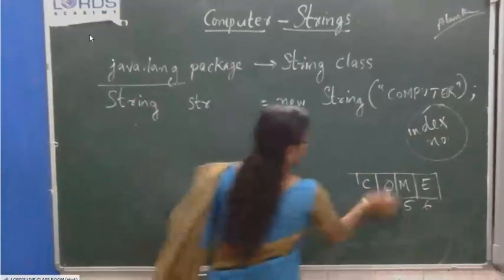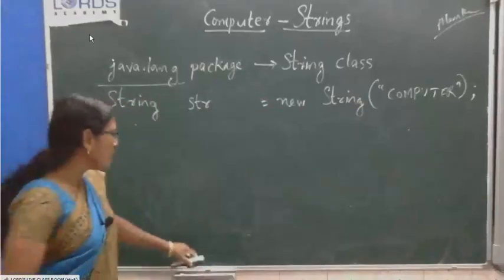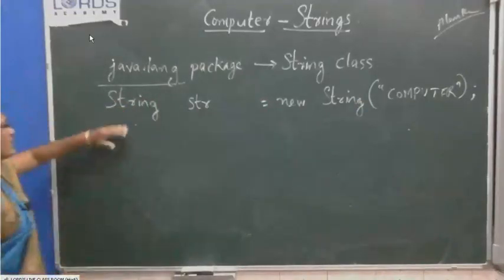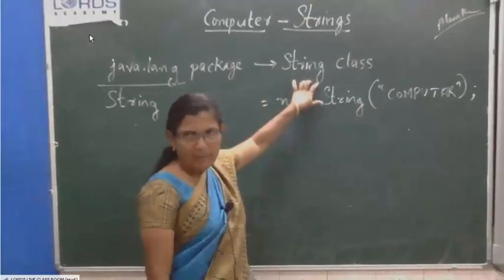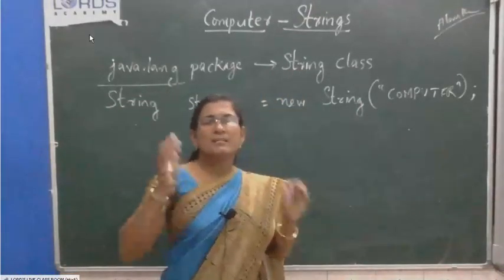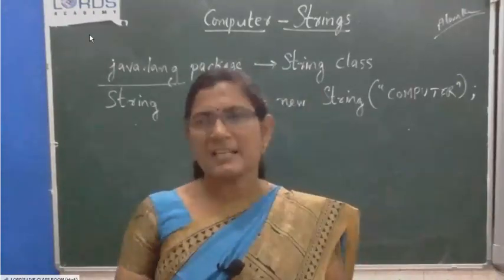So, the next method is by using the new keyword. I told you that string is a class in Java. You will be able to store a particular string as an object of the string class also.